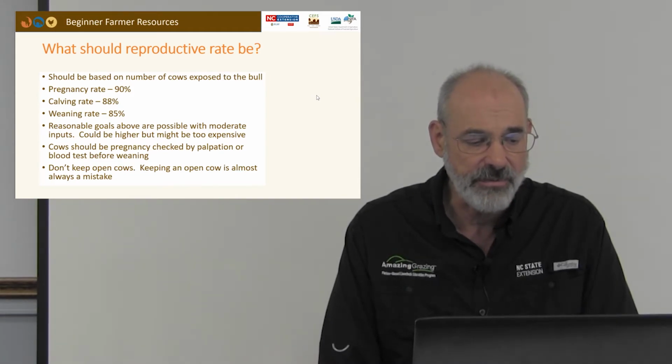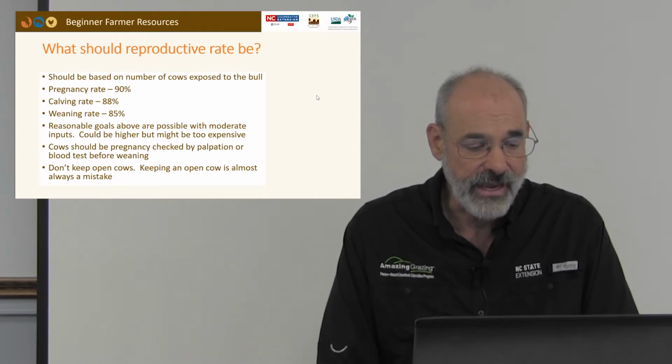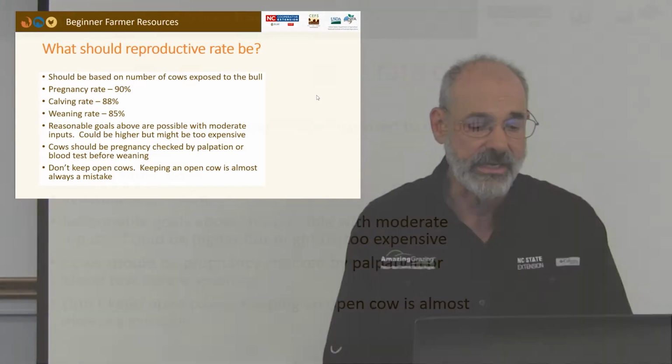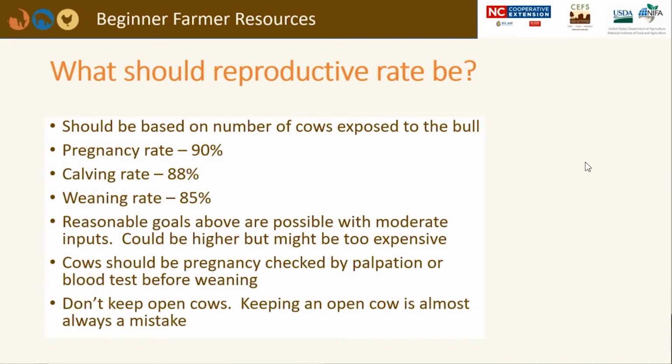Both of those are options. And we should not keep those open cows around and give them a year off. It's simply too expensive to feed a cow for a whole year when we're not going to have a calf from her to sell. So in my own personal experience and working with other farmers, keeping an open cow is almost always a mistake.